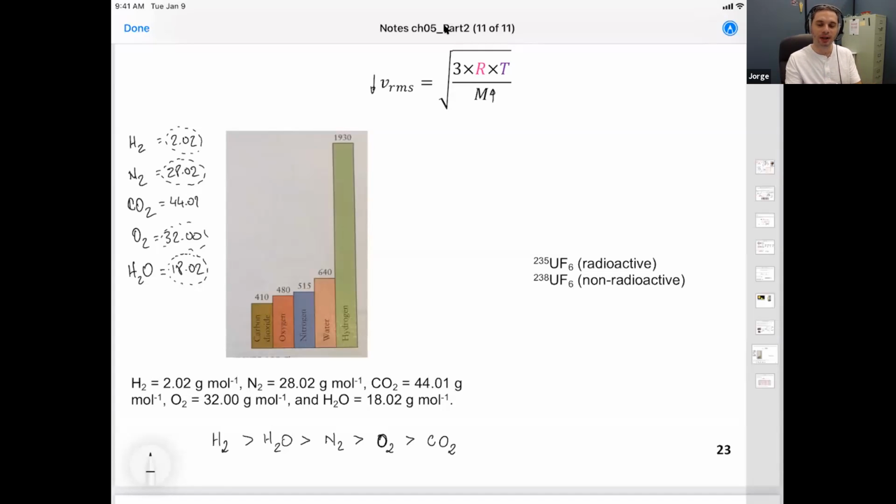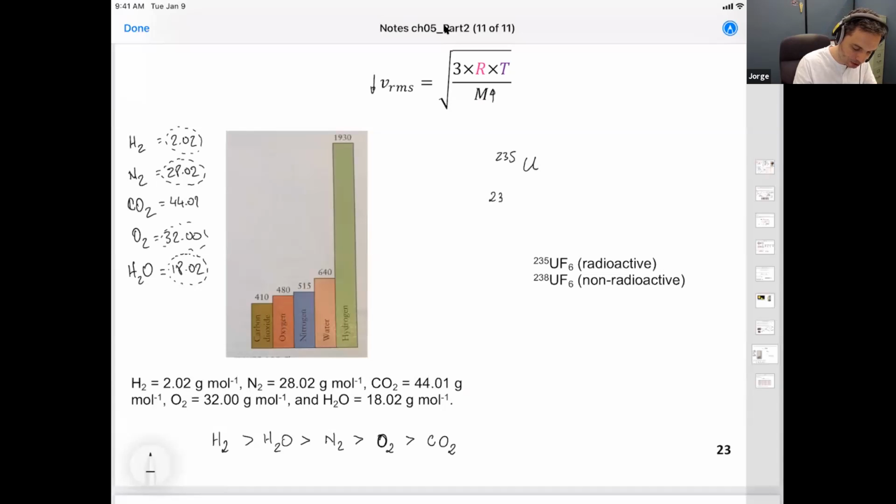Uranium is found in nature basically in two different isotopes. One of them is the uranium with mass 235. That is the one that is radioactive. That's the one we can use for generating energy.